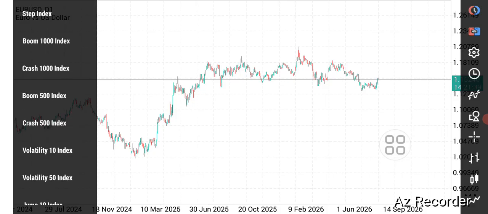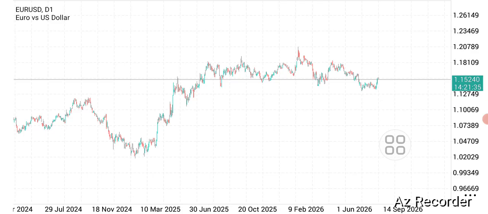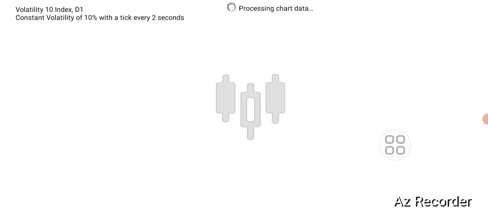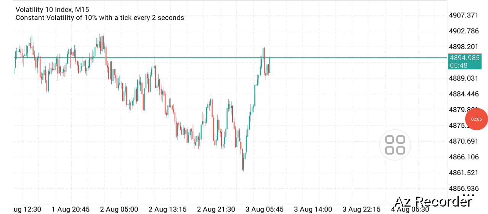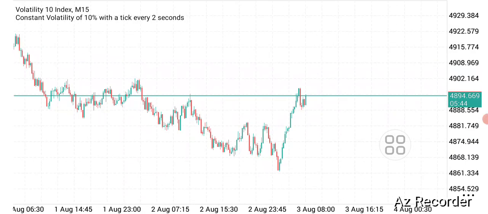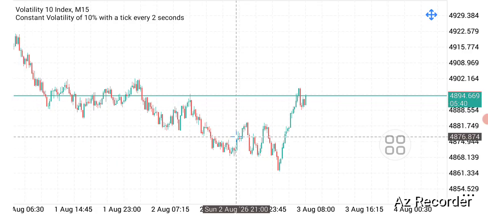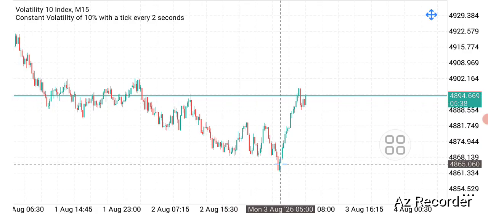Let's take an example. Let's have our chart there moving. We trade volatility 10. If you trade volatility 10, say on a 15 minute time frame, the movement of this trade, for example from here to here, follow the crosshair, may take currencies so long.